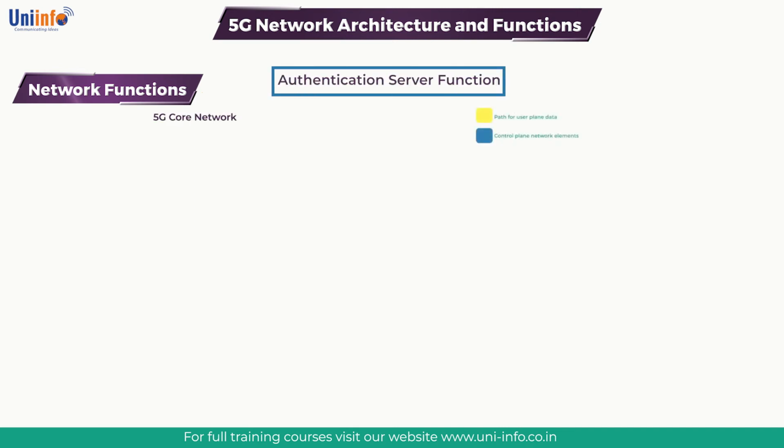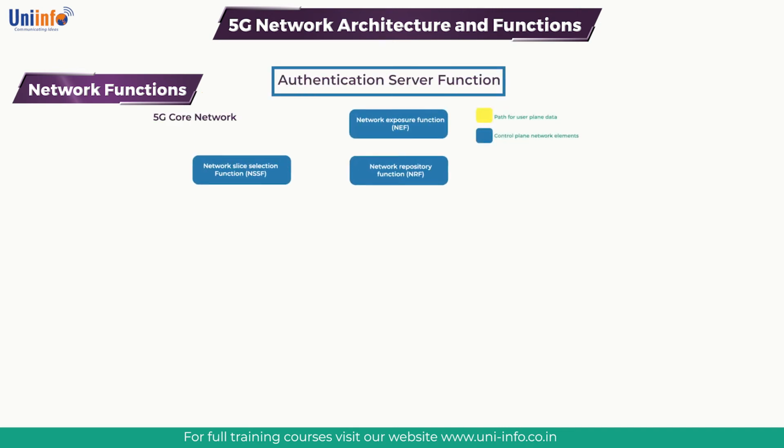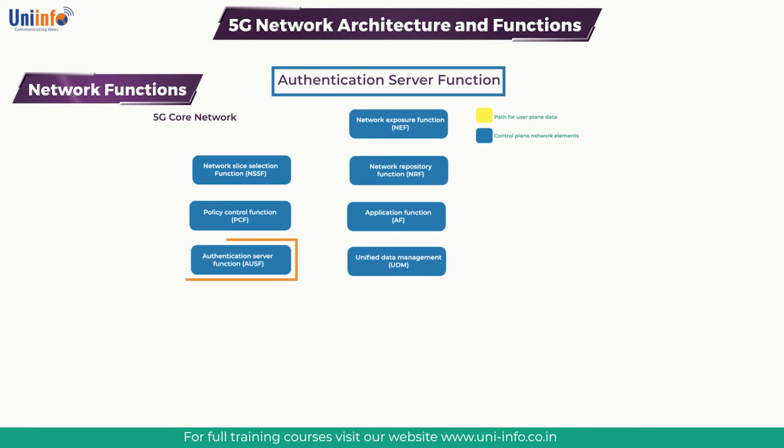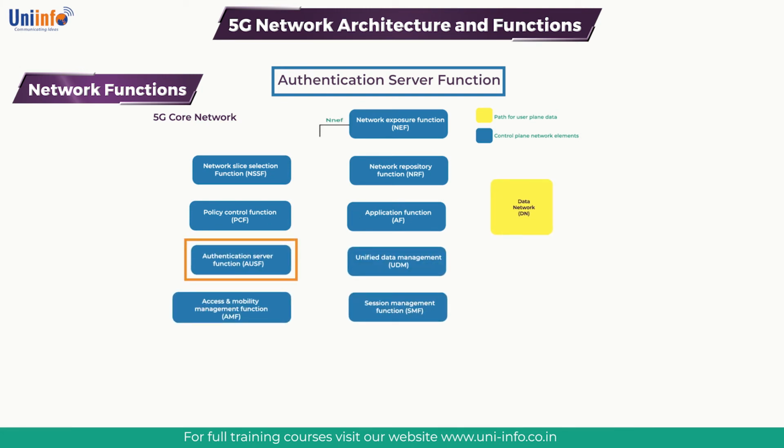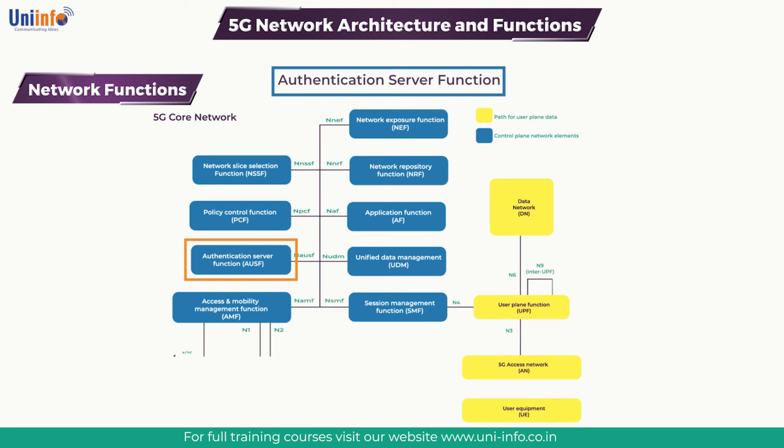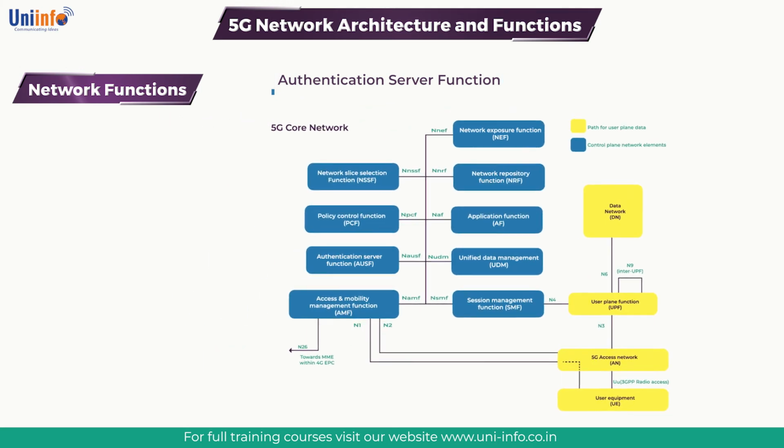Our next topic is Authentication Server Function, AUSF. The AUSF is a control plane function within the 5G core network. Its primary function is to support both subscriber and network authentication. That is, the network verifies that the UE is a genuine authorized subscriber while the UE verifies that the network is genuine.